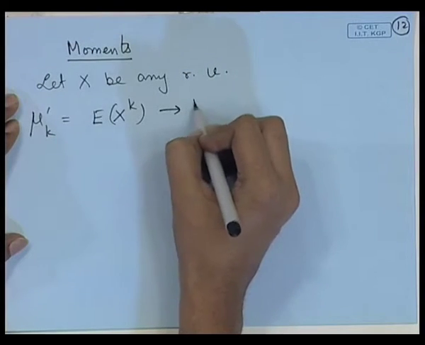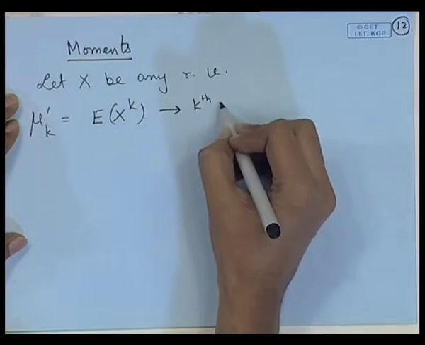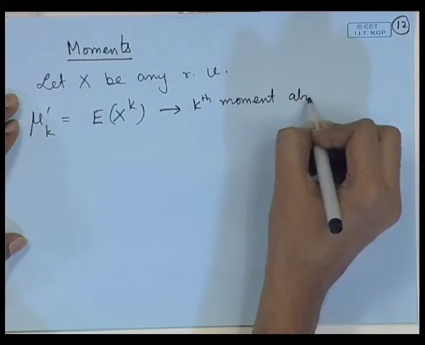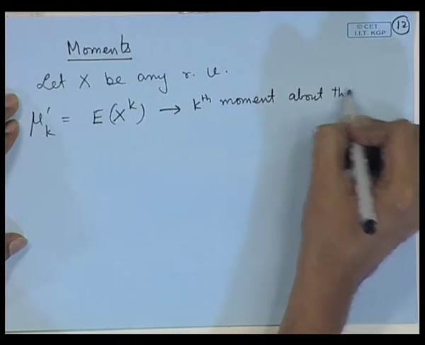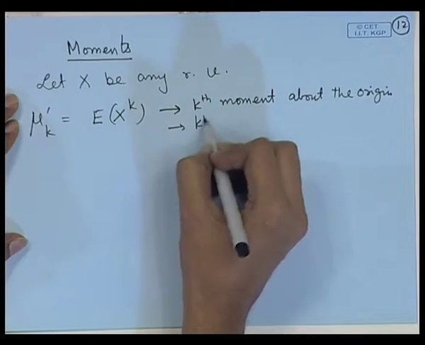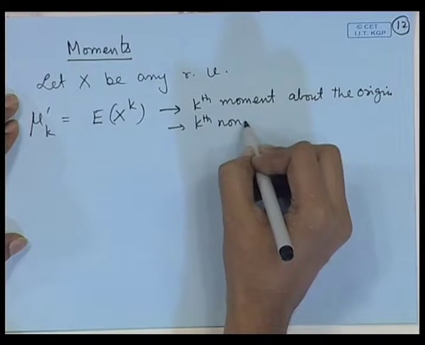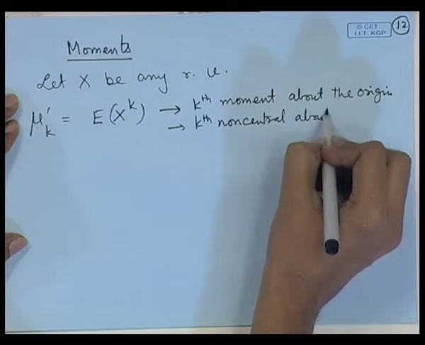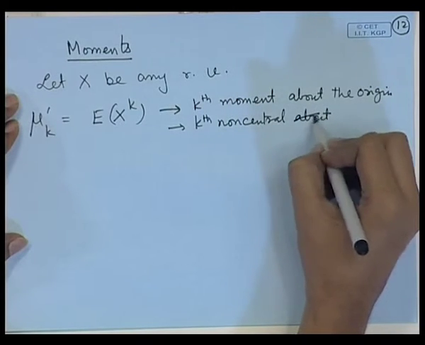This is called the kth moment about the origin, or kth non-central moment.